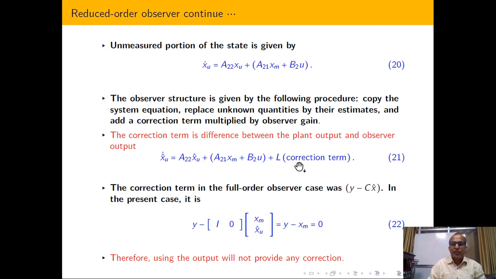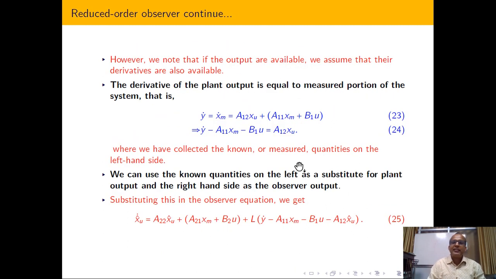Now what we are saying is that if I know that some part of the output is available, then I am also assuming that its derivative is known to me. It means that I have a certain kind of differentiator. So in the literature, as you have seen, I have an observer, I have a differentiator.